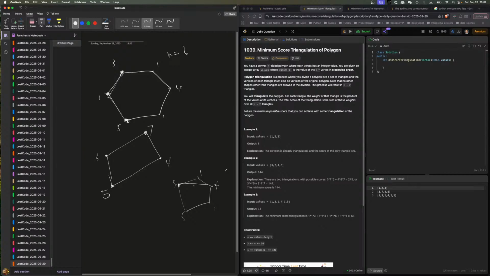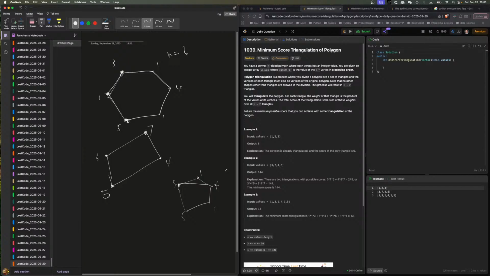I think the answer is no, because to get this you have to take out 1, right? That's the only way to get this. You cannot get this any other way. So to get this, you have to take out this one, and you have to take out this one. You have to take out those to get this, and there's no other way to get it. So that's the only sequence.